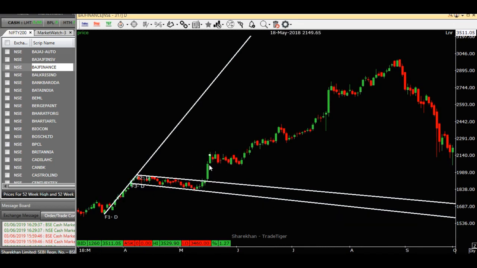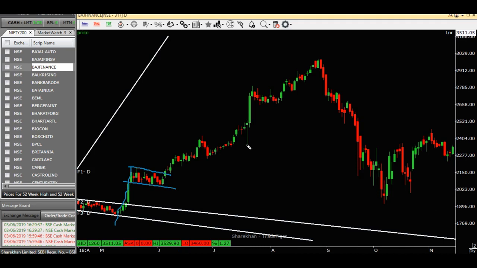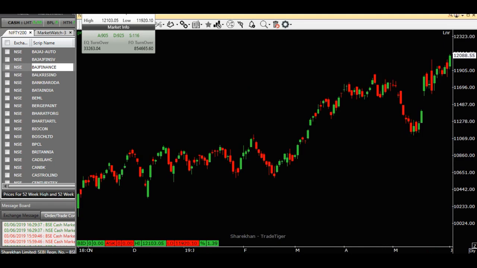We get another one here: nice impulsive move, sideways movement, consolidation, breakout, and easily achieves the target. We get another nice flag pattern here, nice impulsive up move, followed by consolidation, enter on the breakout, and easily achieve our target somewhere up here.